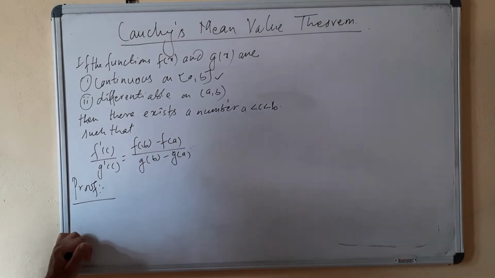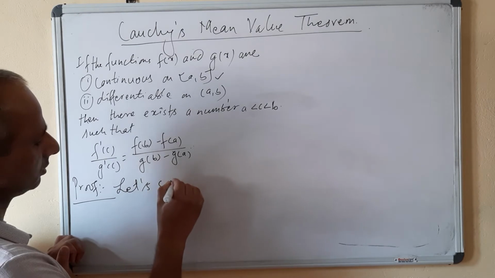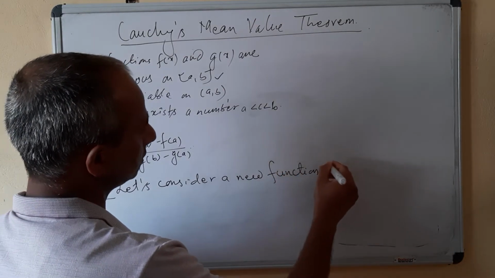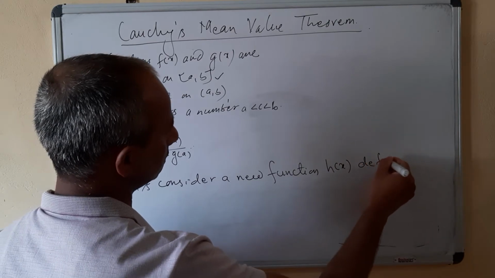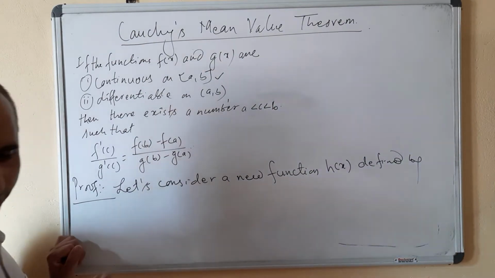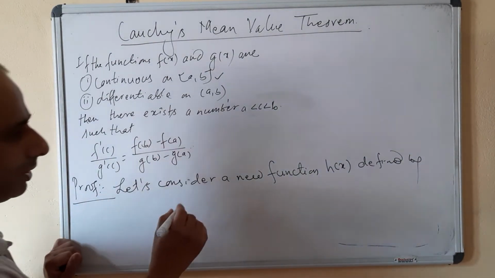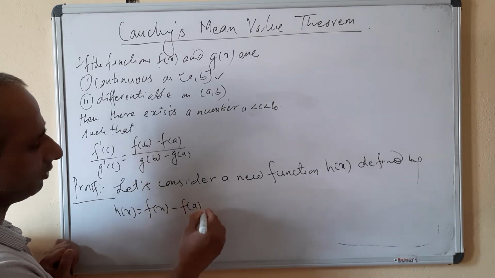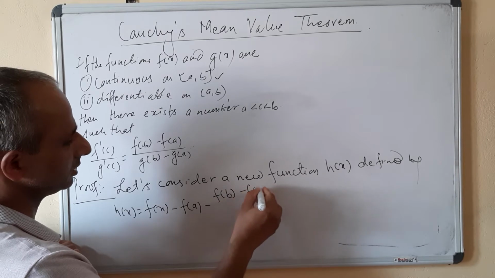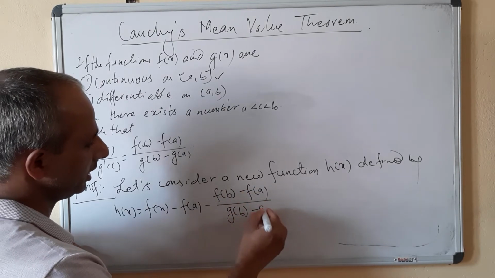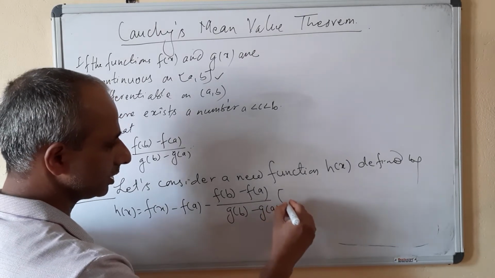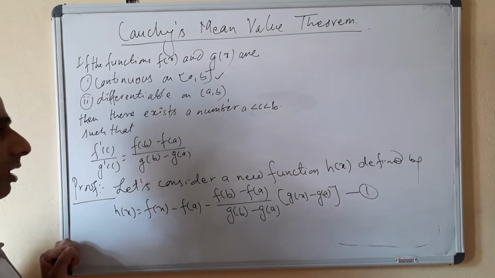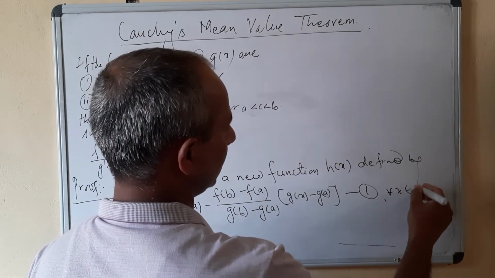First we define a function. Let's consider a new function h(x) defined by h(x) equal to f(x) minus f(a) minus [f(b) minus f(a)] divided by [g(b) minus g(a)] times [g(x) minus g(a)], for all x that belongs to [a, b].